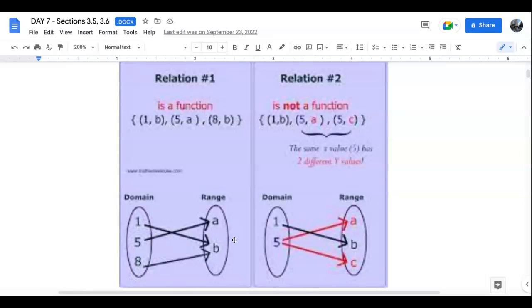Different members in the domain can go to the same member in the range. That's okay, like the first one. Just a member in the domain cannot go to 2 members in the range. All right.